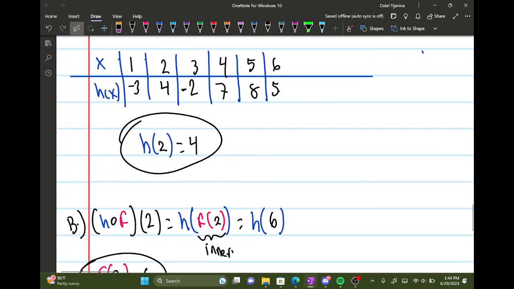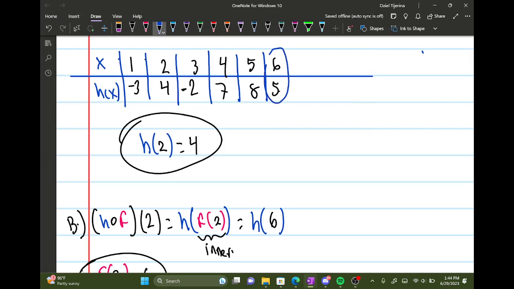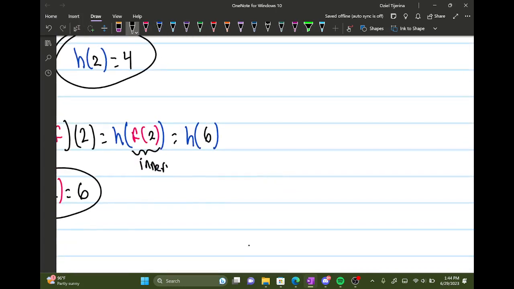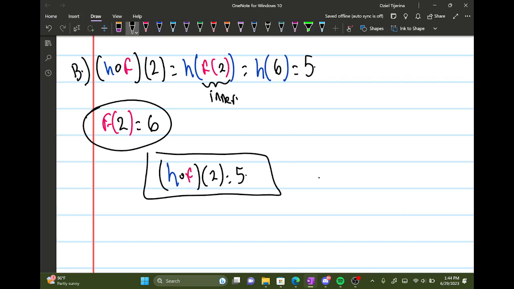So looking at our table here, the blue one, we can clearly see that when x is equal to 6, h of x is 5. So we know that h of 6, or h of f of 2, is really 5. So h composited of f of 2 is equal to 5. So that is how we do composition of functions from a table, guys.